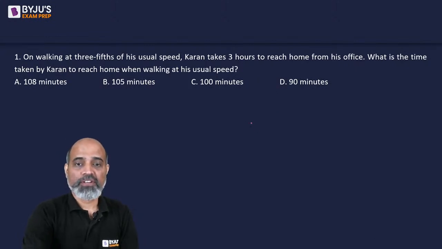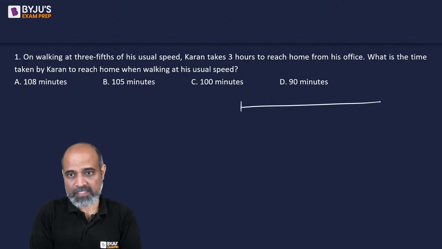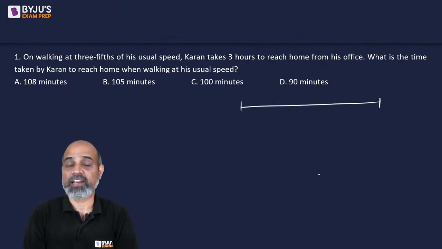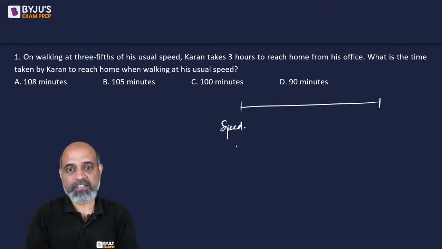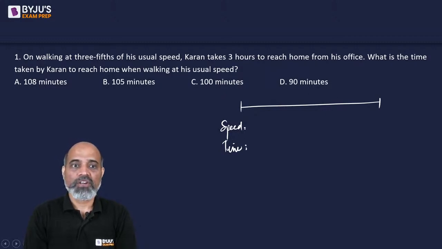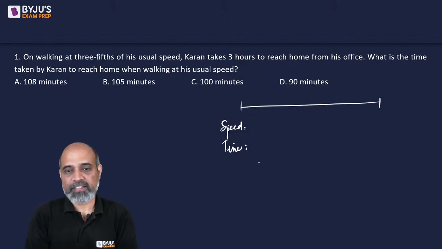So if you see here, suppose this is the distance that Karan has to cover, right? So if I talk about speed and time, there are two instances, right? Usual speed and his current speed. Okay? So usual and then current.